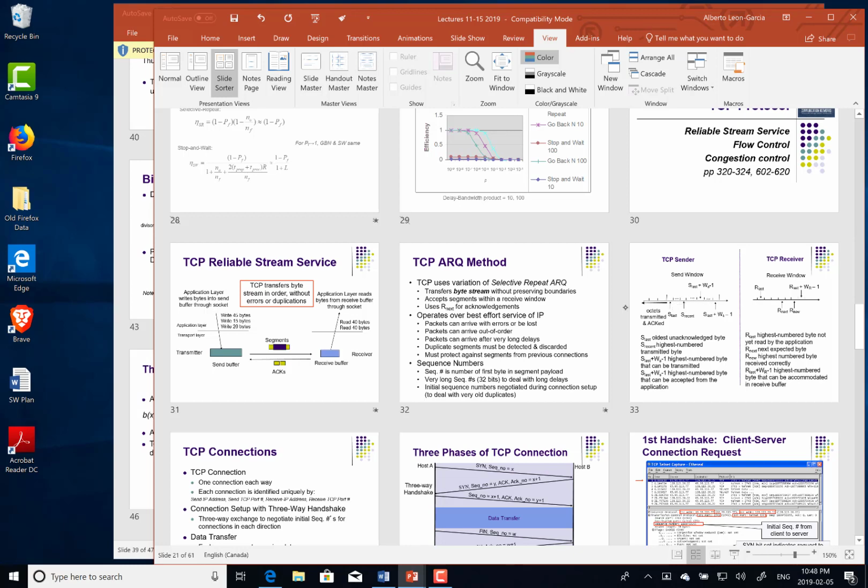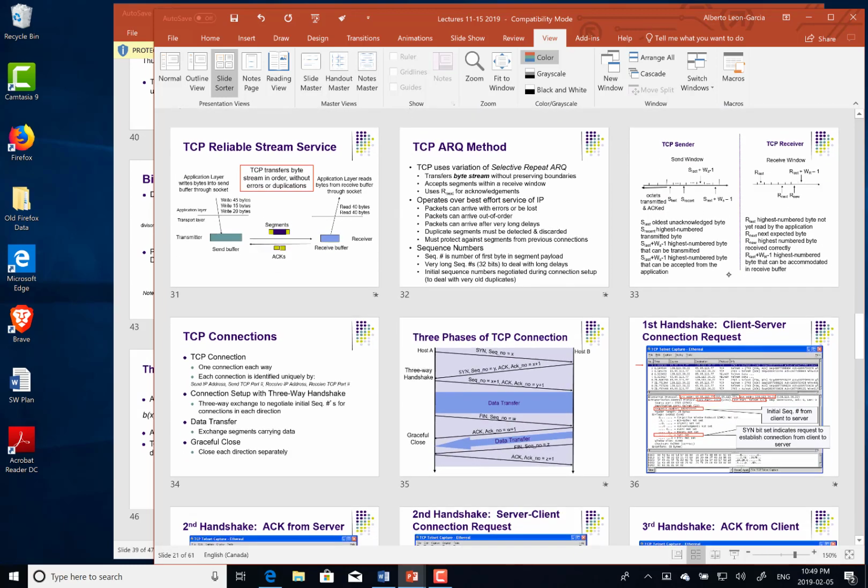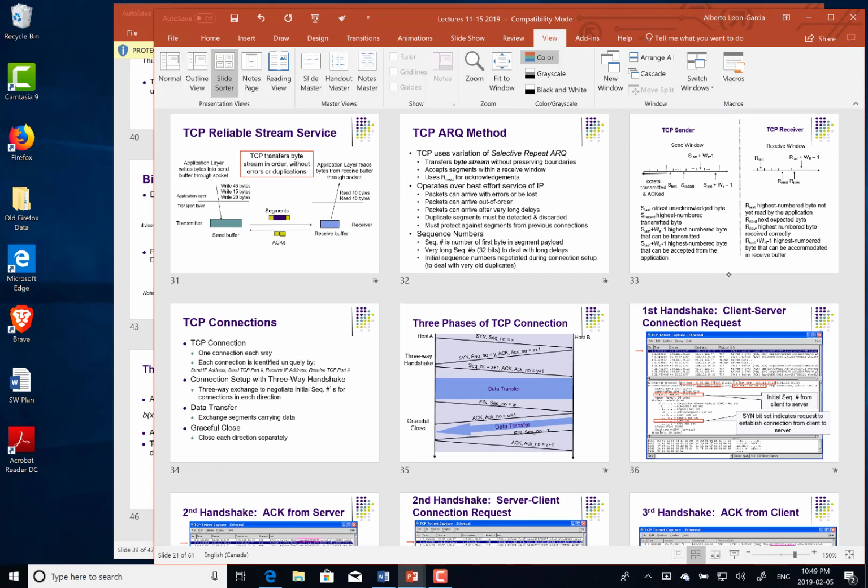And so the sequence numbering in TCP counts the first byte and the last byte that is being sent in a TCP segment. The operation is very similar, but the sequence numbers are 32-bit numbers that count the bytes being carried in a segment.